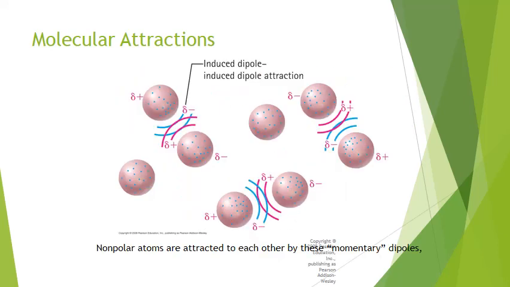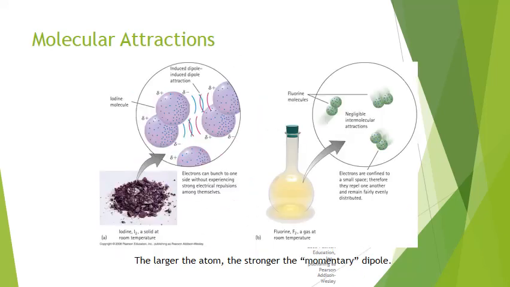And of course, those temporary dipoles could then induce a temporary dipole in a nearby atom or molecule, and therefore they would be attracted. Again, these are relatively weak. The larger the atom, the stronger the momentary dipole. But in general, of these different intermolecular attractions, the induced dipole is by far the weakest.